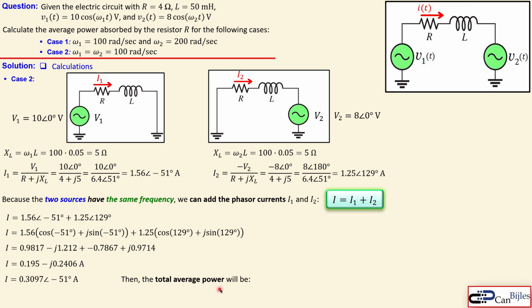Then the total average power P is I squared over 2 times R, with I being this amplitude here. So we need to do that: 0.3097 squared over 2 times 4, because that's the resistor, 4 ohms, and then you get 0.1918 watts.